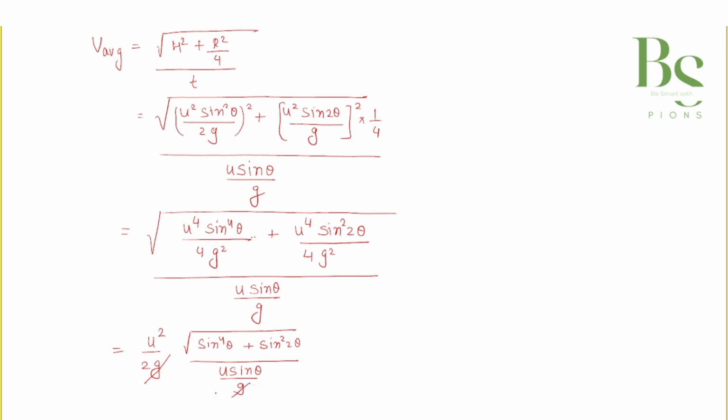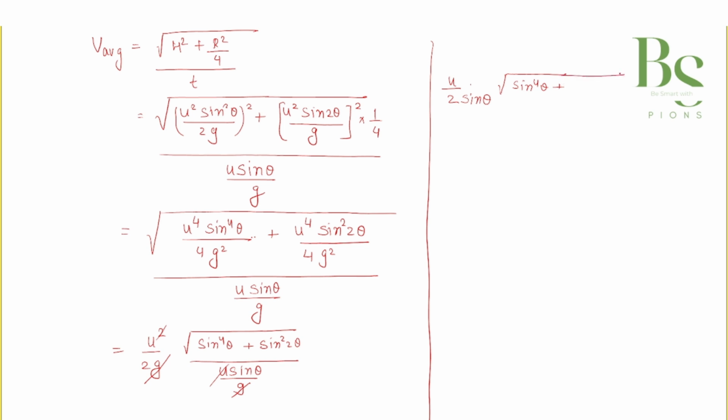Let me make a line over here. After this, I am continuing on the right hand side. We can cancel one of the u with one of the u. So we are left with u upon 2 and sine theta. This denominator sine theta, I have written with the 2. And under the root, we are left with sine 4 theta plus sine square 2 theta.